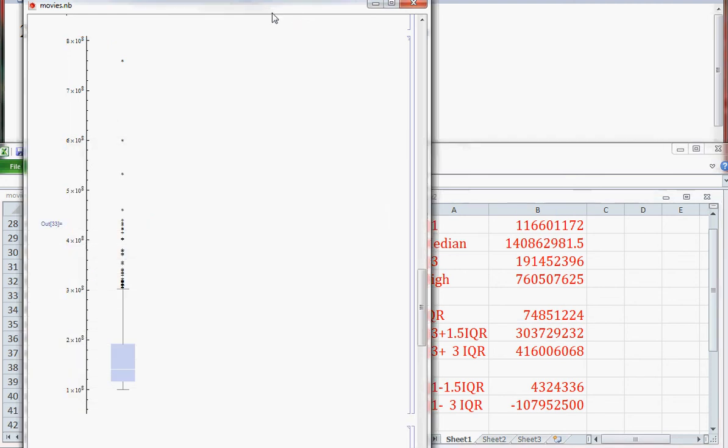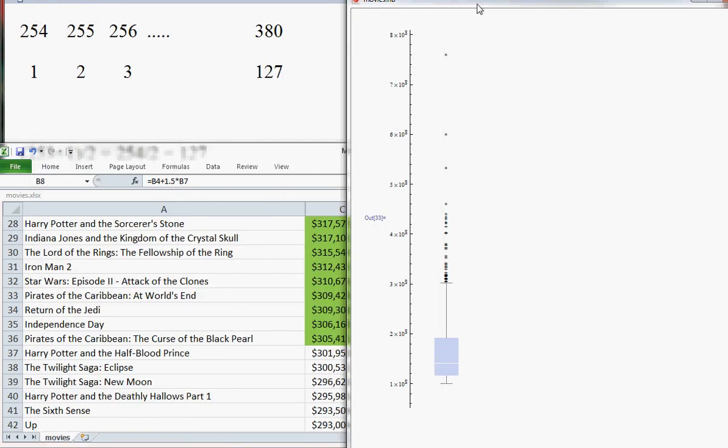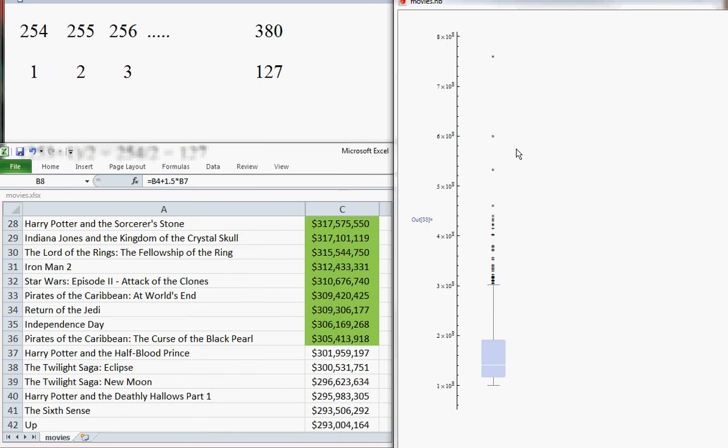In other words, the line goes to an actual number in the list, not to that cutoff value. So the line that you see here corresponds to 301,959,197 for Harry Potter and the Half-Blood Prince. So that is the way to construct a box and whisker plot. We have the 5-number summary. We also have to worry about the cutoffs for the possible outliers and also the probable outliers.